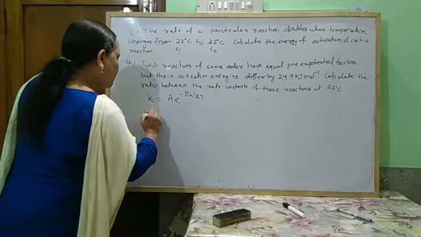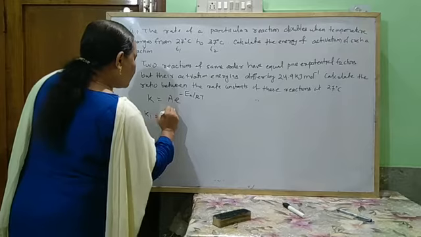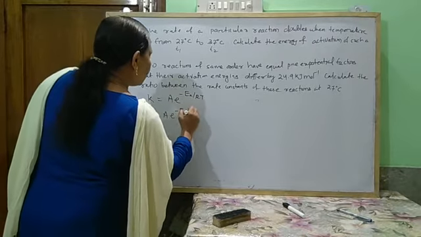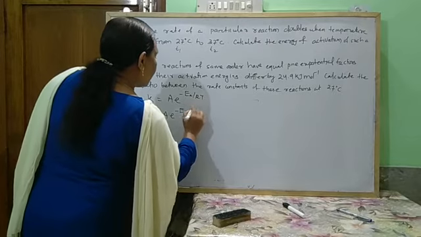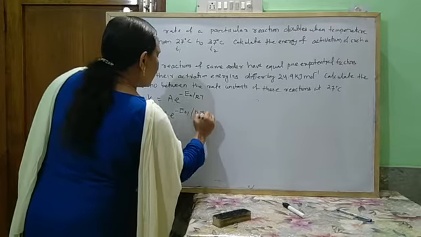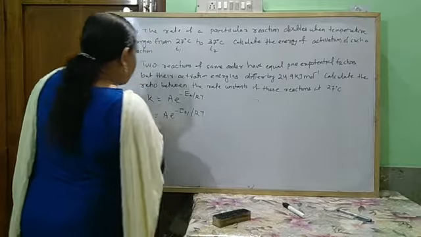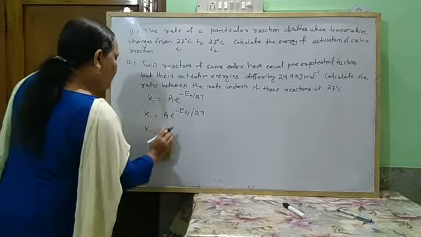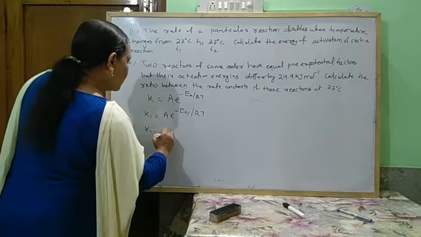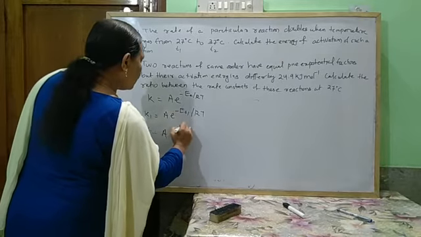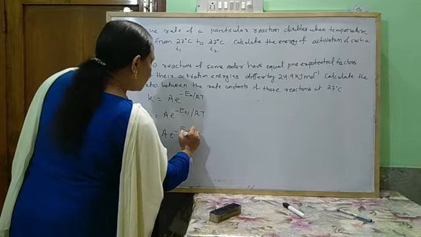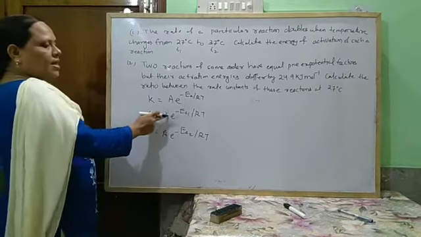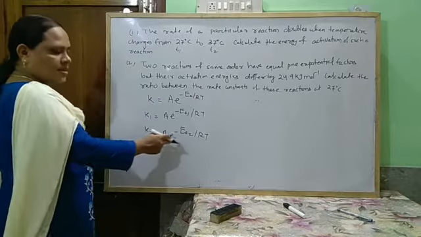So K1 is equal to A e to the power minus EA1 by RT, and K2 equal to A e to the power minus EA2 by RT.